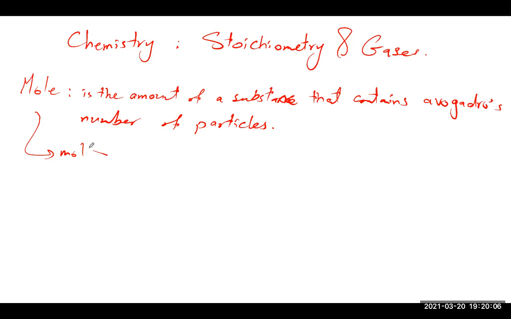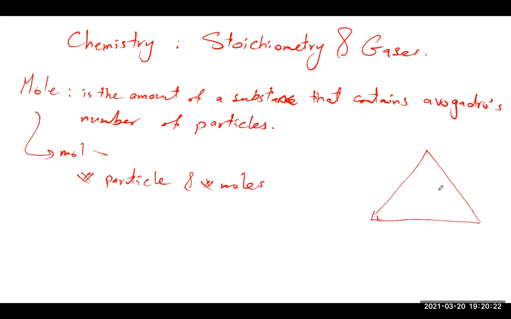And the first formula that we will use here is the formula between number of particles and number of moles. I will draw this picture here. At the top we will have number of particles, here we have number of moles, and here we will have Avogadro's number.